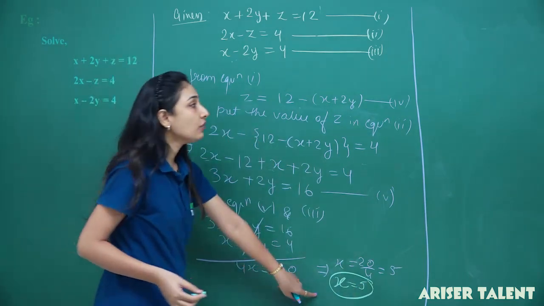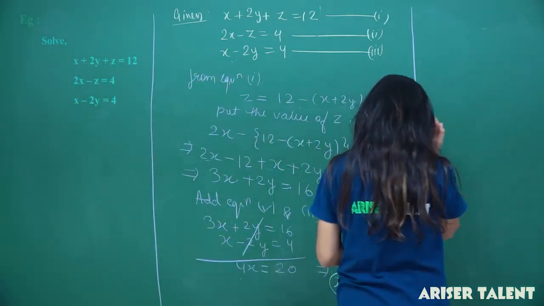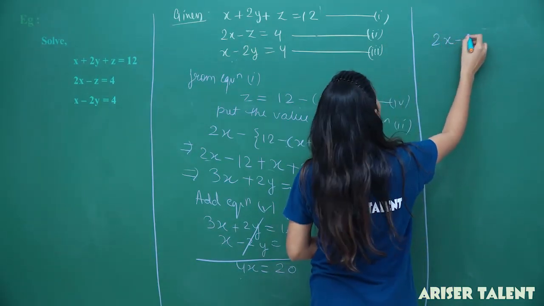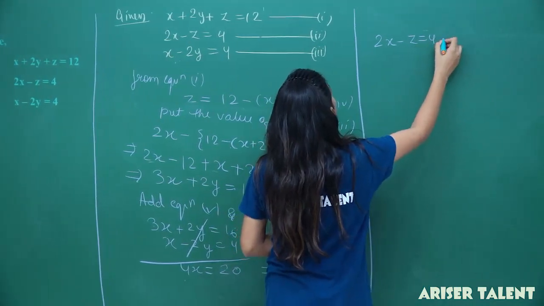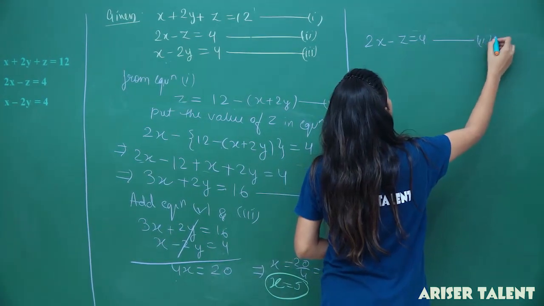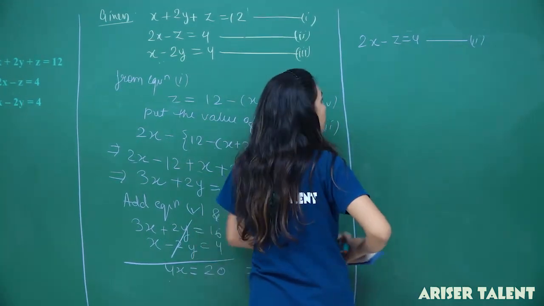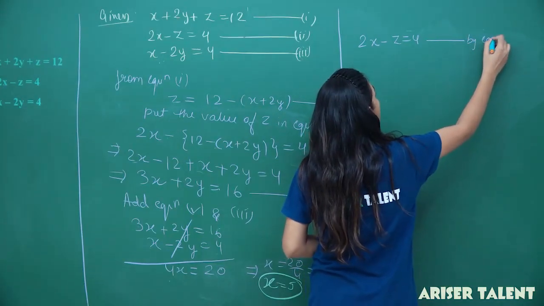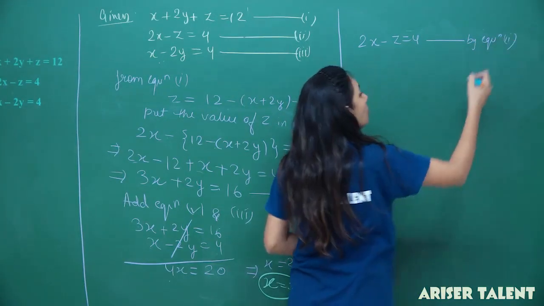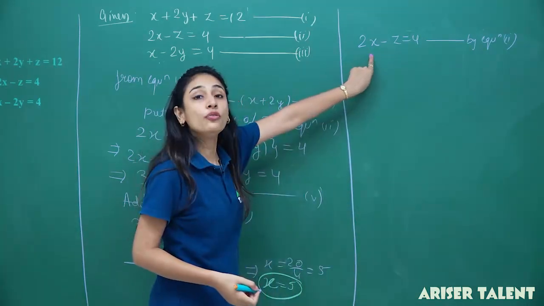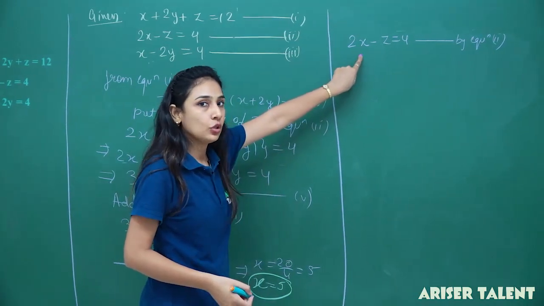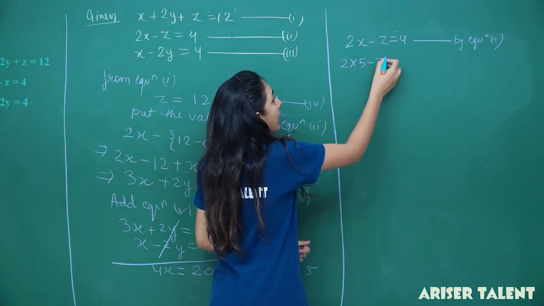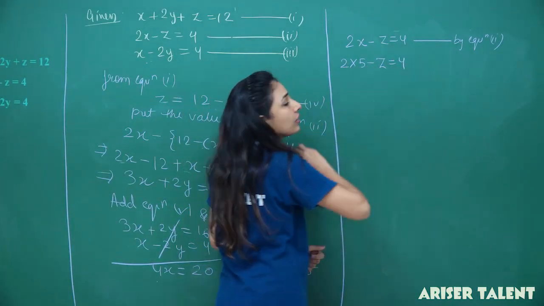Right. Now x equals 5. So that will be 2x minus z equals 4, by equation 2. Now I have the value of x here, which is 5. So I'll put here the value of x, and minus z equals 4.